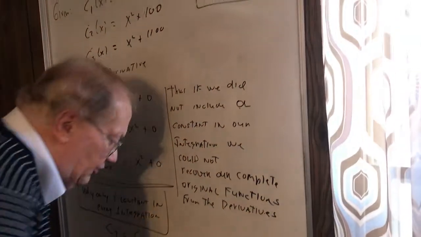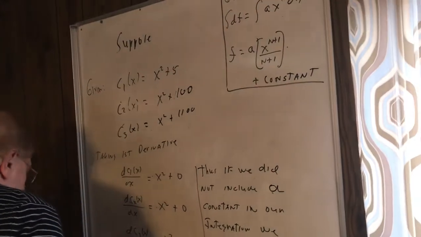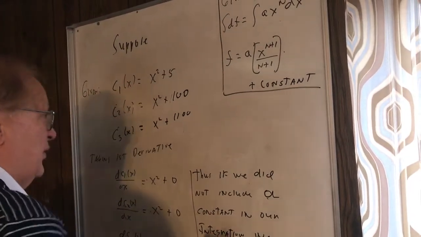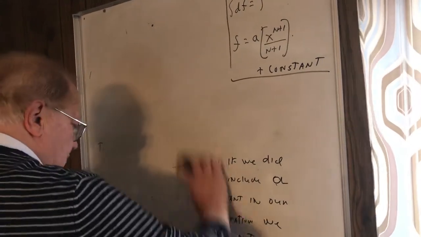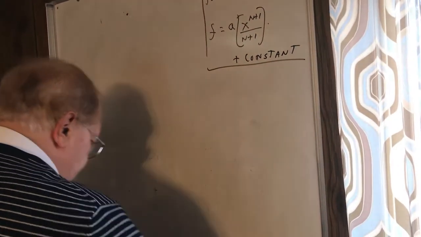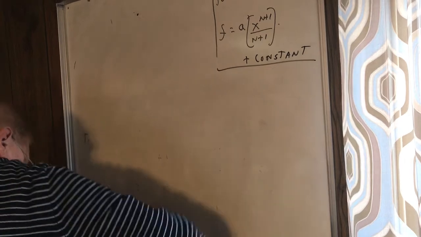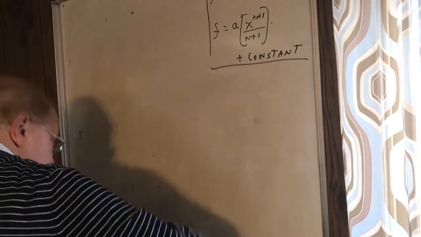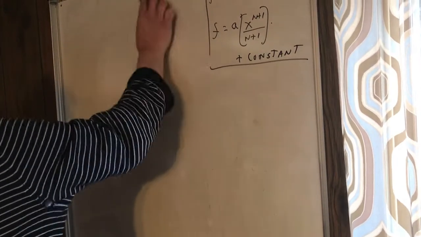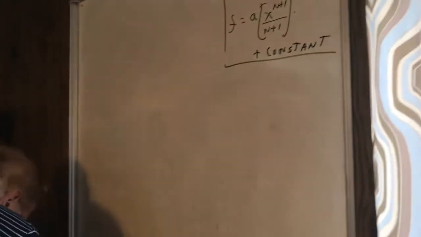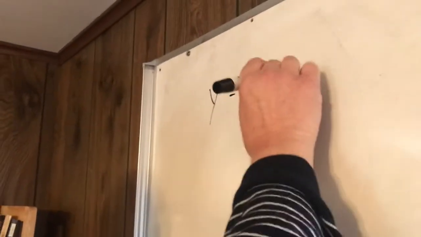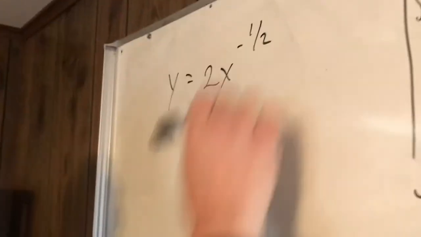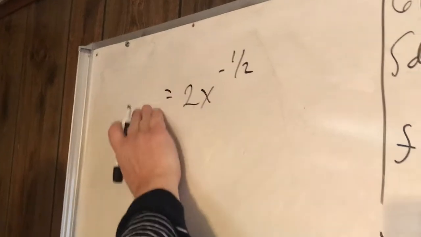So let's go and do some more integration, and then we'll go into some practical examples. Let's leave the formula on the board. So as we can see, the constant is very important. So let's take, let's say, y prime equals 2x to the minus 1/2.